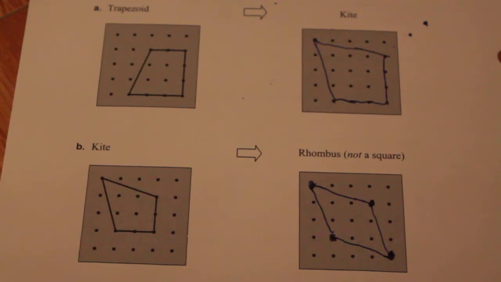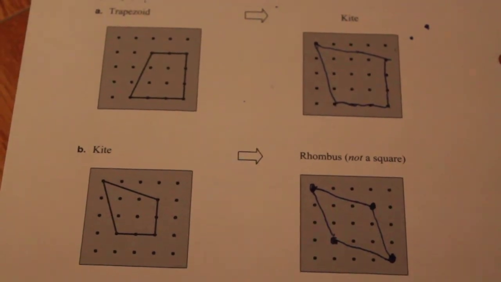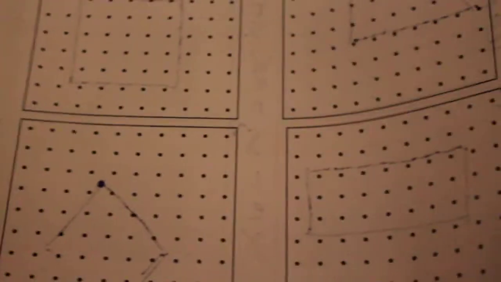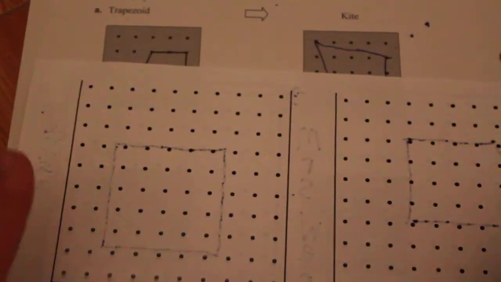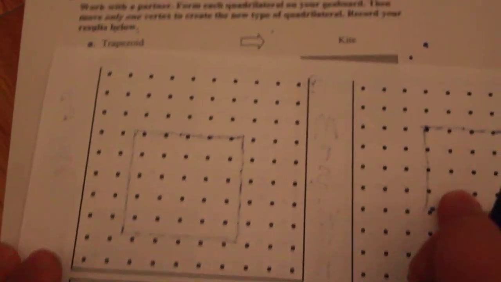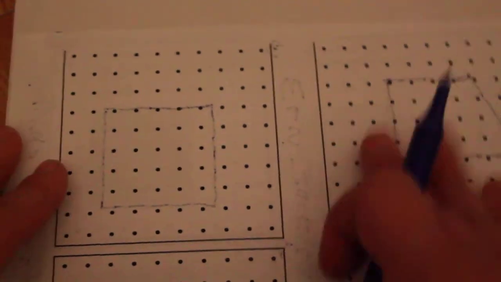Now going back to your geoboard paper, we're going to move on to activity 4. Activity 4 asks you to use geometry software.